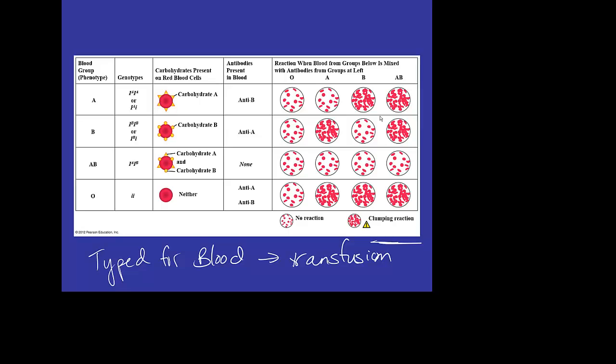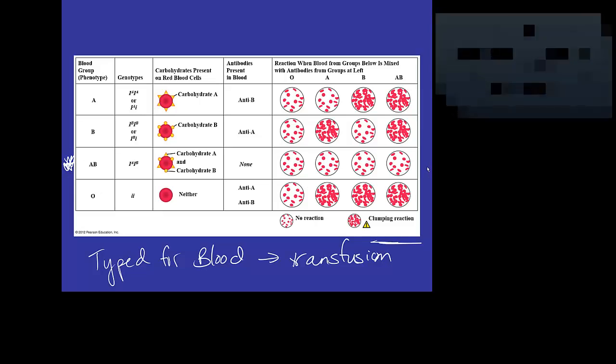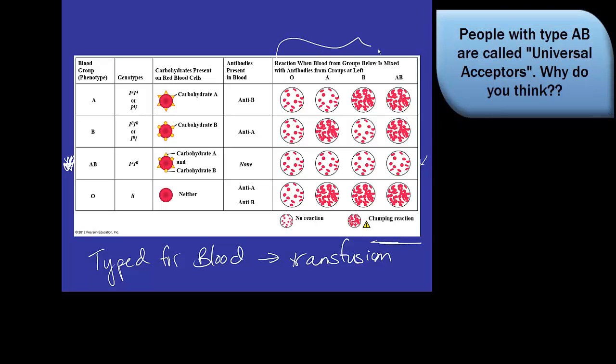So for individuals that are type O, we actually see a lot of clumping if we give them A, B, or AB blood. Why is that? Well, they have no surface proteins, none of these carbohydrates on the surface of their red blood cells. So if you give them these other blood types, their body actually has a negative reaction to it. But you notice with type AB here, if you have type AB blood, I can give you any type of blood at all, and you'll have no reaction.